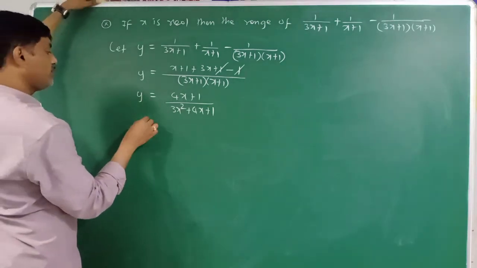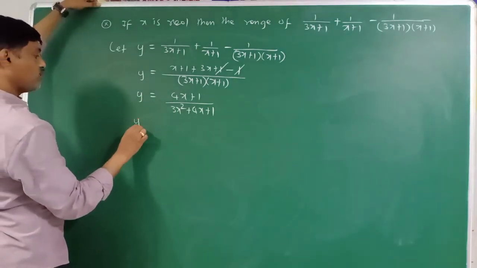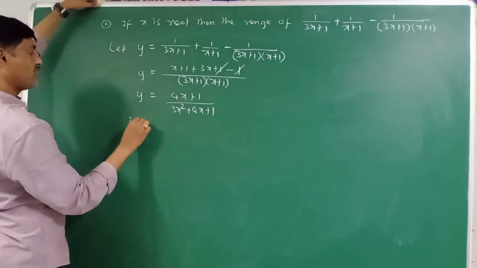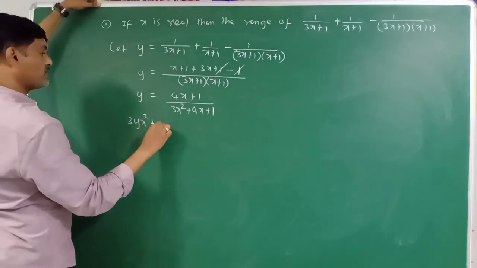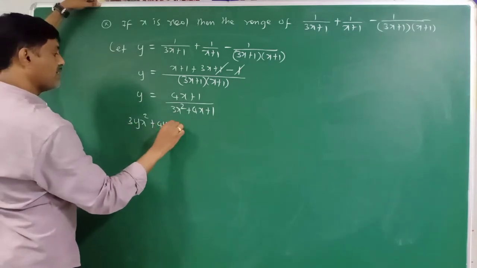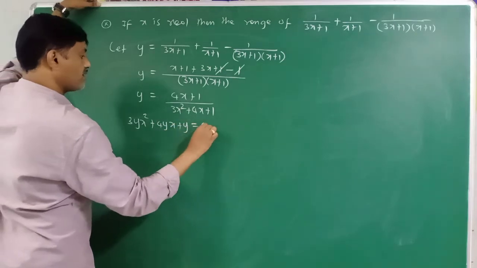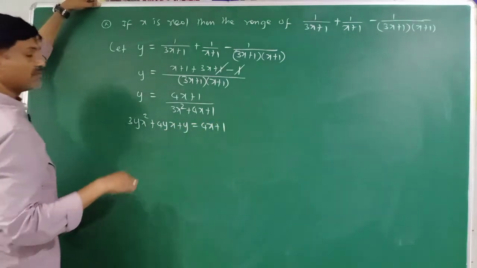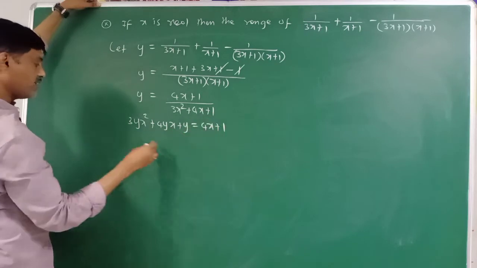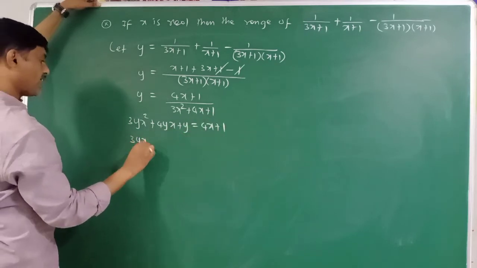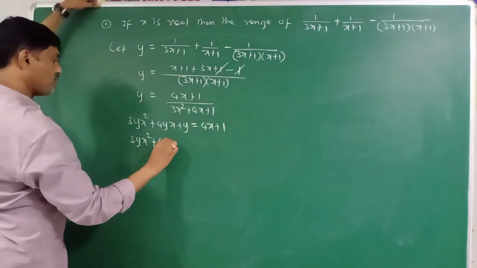Now cross multiply: 3y x² + 4yx + y = 4x + 1. Now bring 4x to this side: 3y x² plus, what is this?